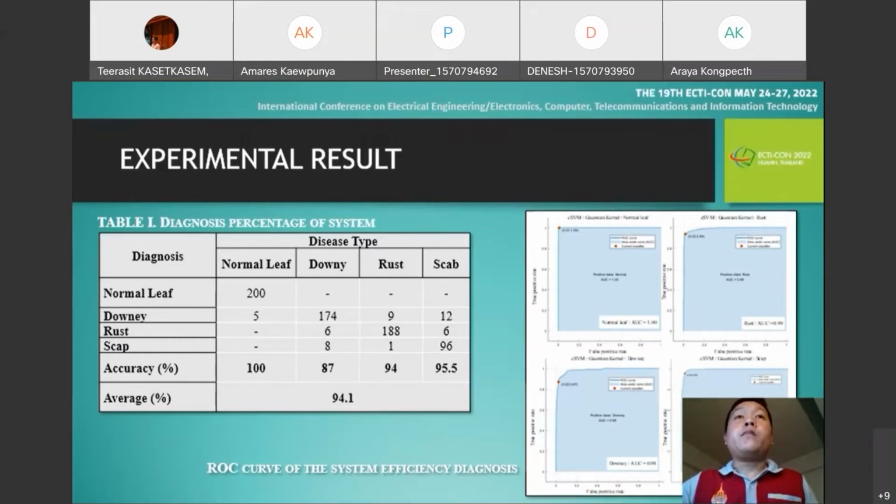So this research presents the convolutional support vector machine to potentially learn and classify information.